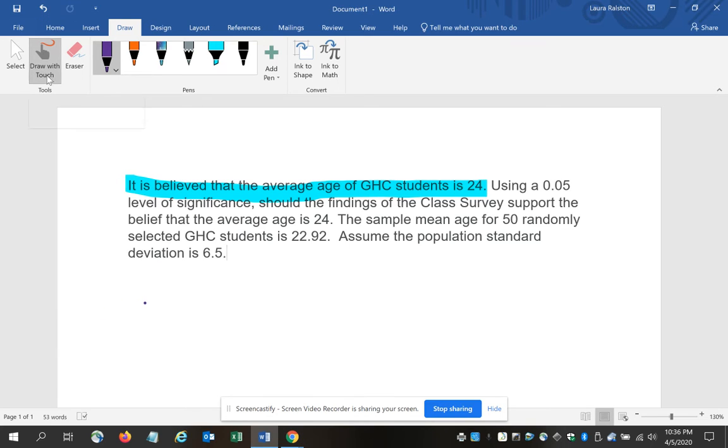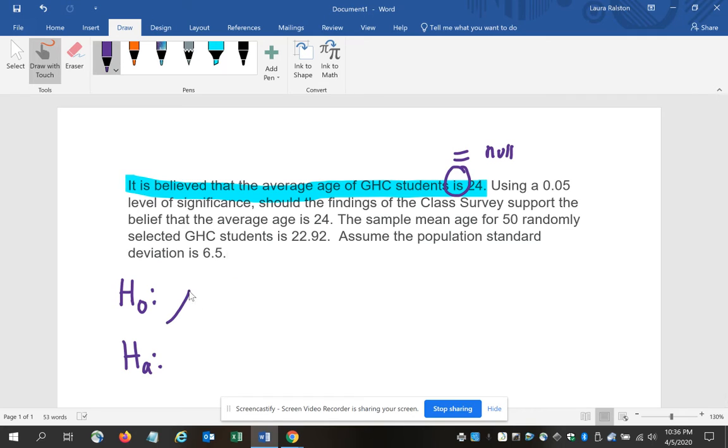Okay, so I have H sub O, which is my null hypothesis, and H sub A, which is the alternative. I hope the word is one that makes you think of equal. Since that's equal, this statement is my null hypothesis.